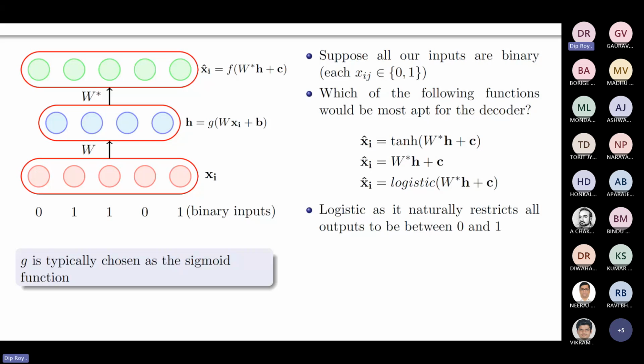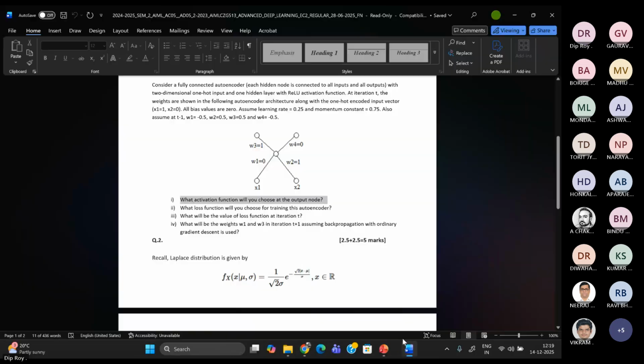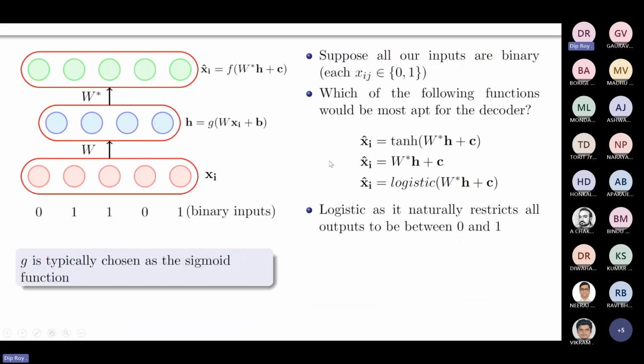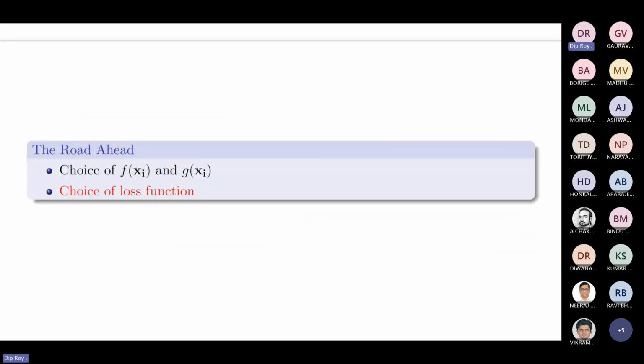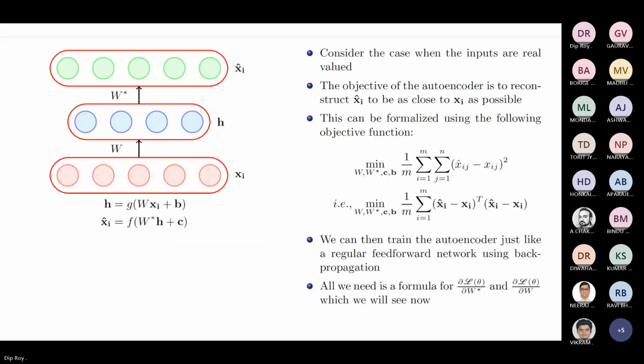What is the other thing? What loss function will you choose for training the autoencoder? Here, for the choice of loss function, if it is a regression problem, we can use the mean squared error.